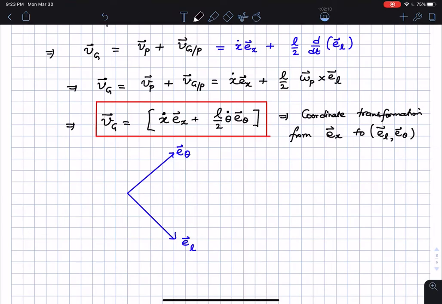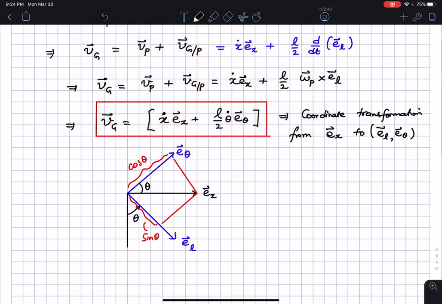Okay, I'm sorry, this is not a straight line. So here was Ex, and of course if I look at the angle made here, this angle was theta, which means that this angle is also theta, which means that if I drop perpendiculars from the base of the arrow here all the way down to these two coordinate frames, then I see that this is going to be cosine theta, and that's going to be sine theta.